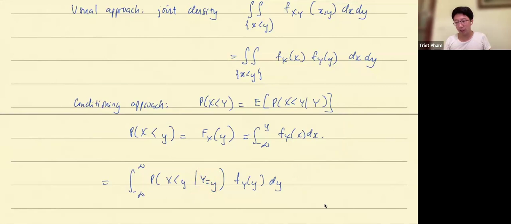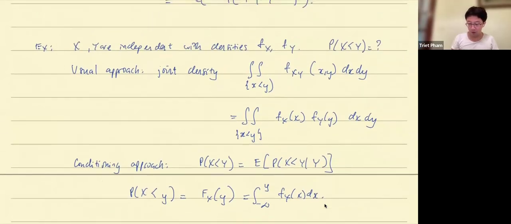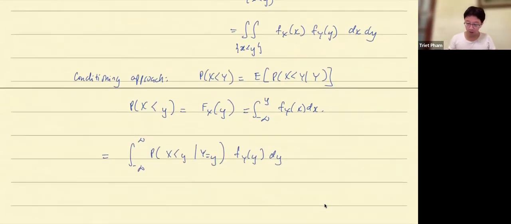We did not even make any assumption about the joint behavior of X and Y. The only thing we need is that Y has a density because we use its PDF. But nothing else is assumed, including how X and Y jointly behave. The next step will use the assumption that X and Y are independent to drop conditioning.